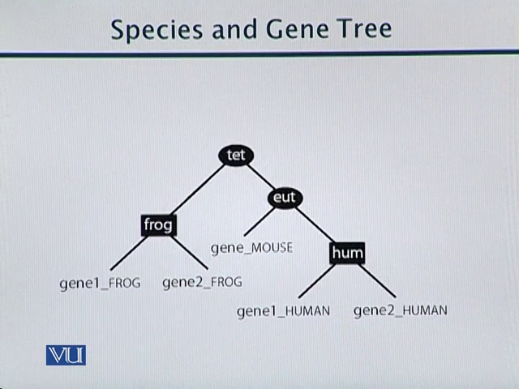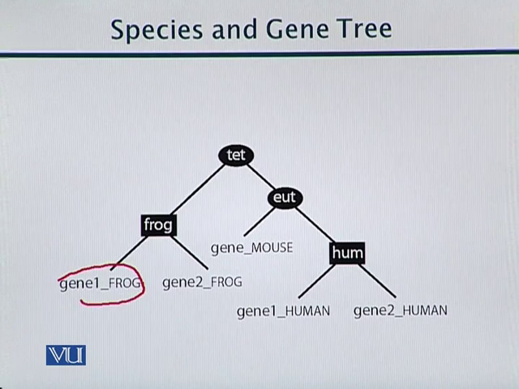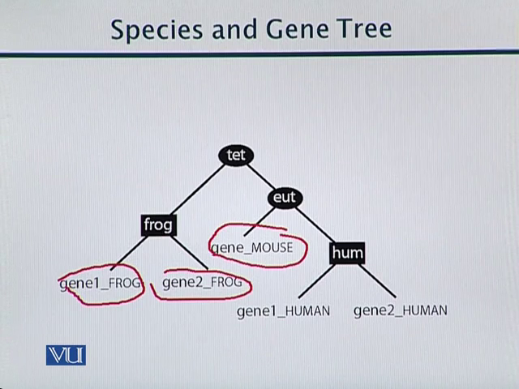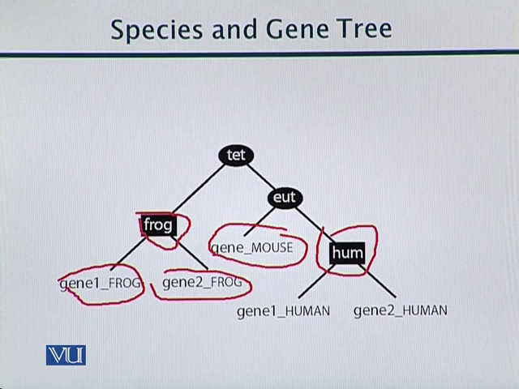If I continue, here I have shown again the example of frog, human, and mouse, and I have also shown that this change is basically because of gene changes. So gene 1 of frog, gene 2 of frog, which is different from the gene of mouse. In the species tree we only had frog, mouse, and human, but here we have also added gene information.